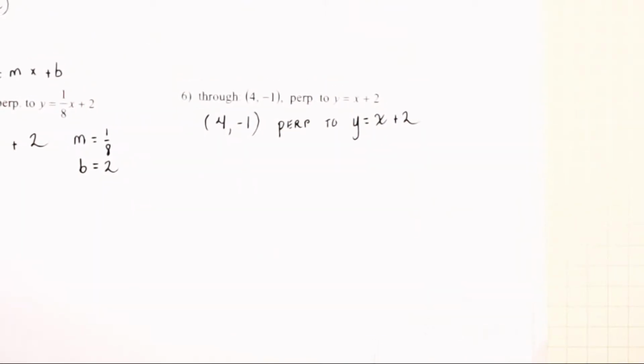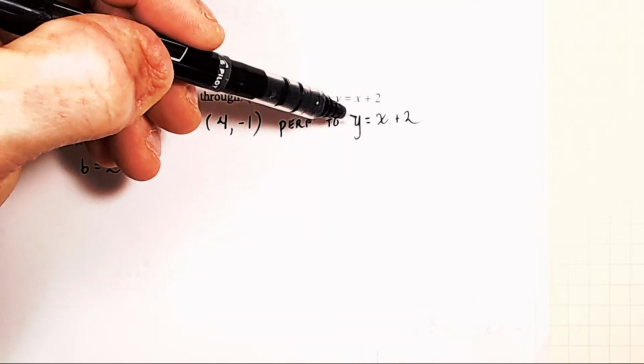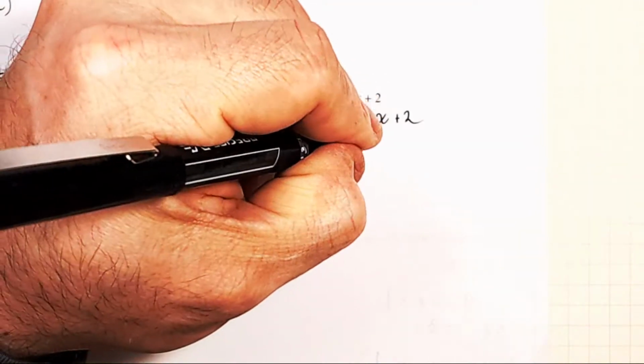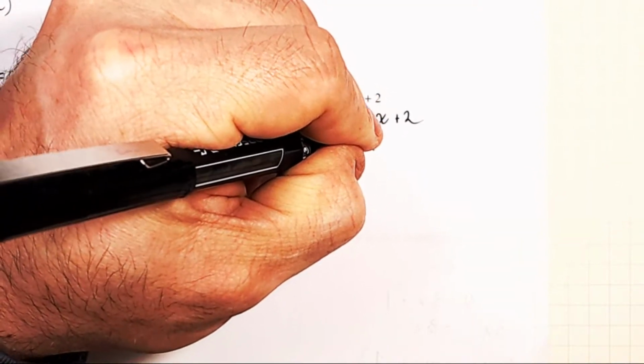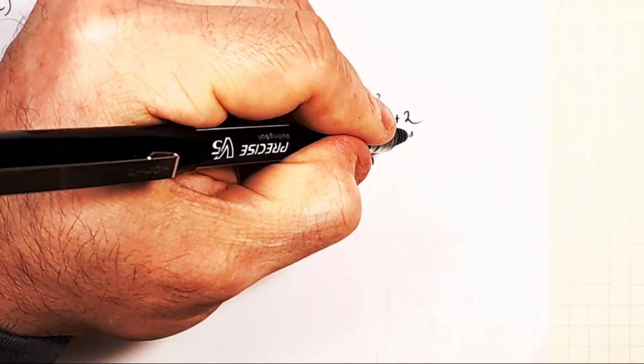Okay, in each one of our examples, like for this one, what we need to do before we proceed is, in the equation that we are given, identify m and identify b.